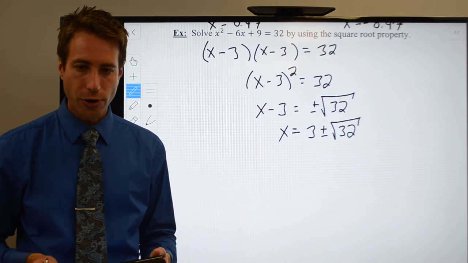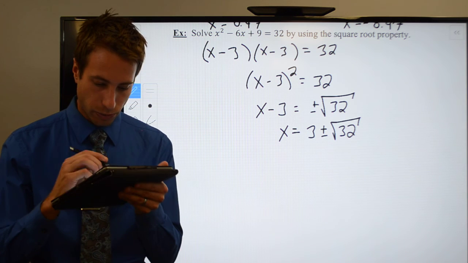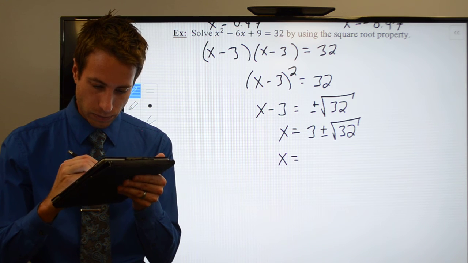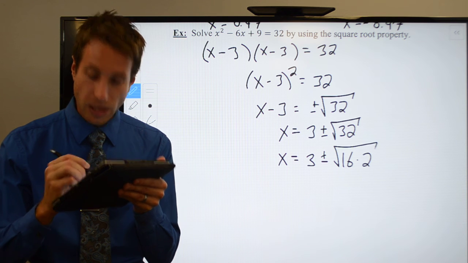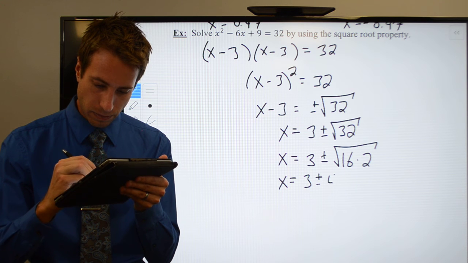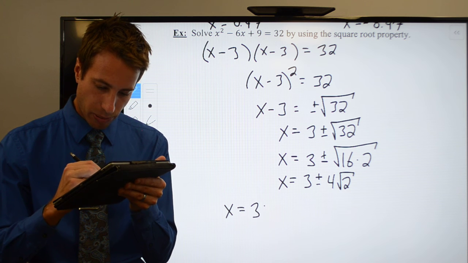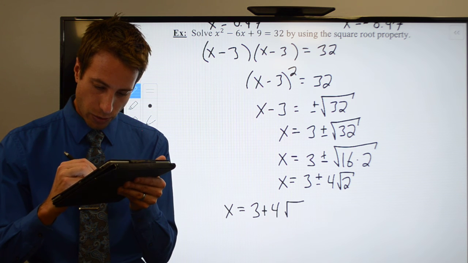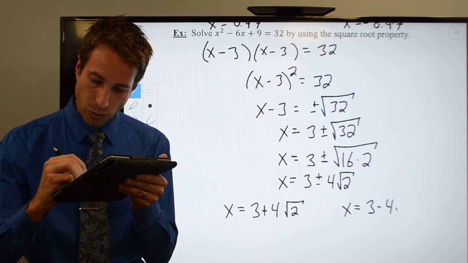All right, what can I split a 32 up into? 16 and 2. Sixteen is a perfect square. And so we wind up with x equals 3 plus 4 square roots of 2, and x equals 3 minus 4 square roots of 2.